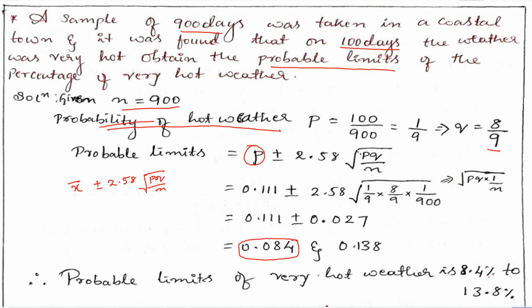It will be 8.4% to 13.8%. It should always be from the lower to the higher value, 8.4% to 13.8%. This is another category under large samples.